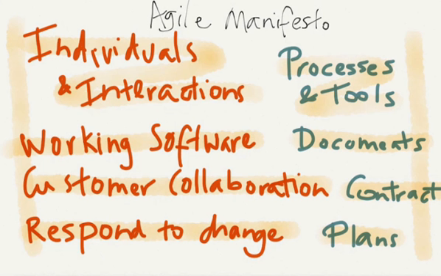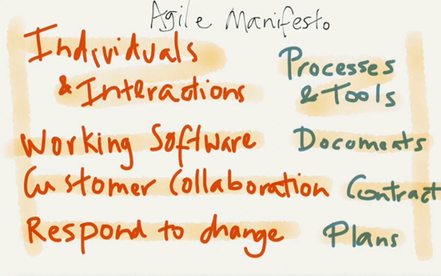And there still needs to be some kind of planning to allow us to know approximately when things will happen and what will be delivered. However, those things are less important than interactions and individuals producing working software, encouraging customer collaboration, and responding to change.